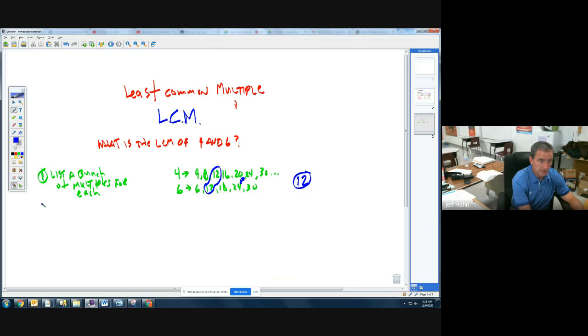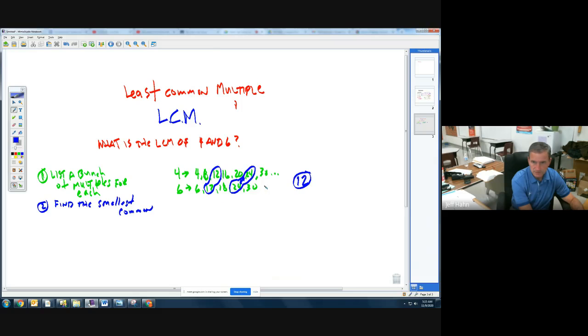So going back to our rules here: list all the multiples of each and then find the smallest common one. Because the book might also ask you to give the first 3 common multiples, in which case this would be 12, 24, and probably the next one would be 36.